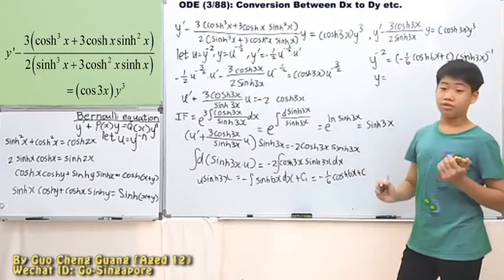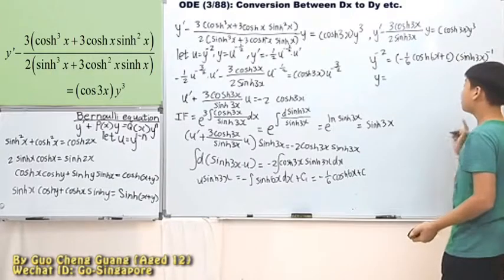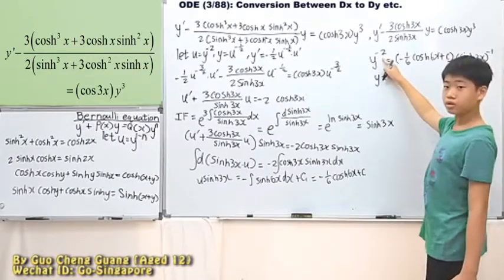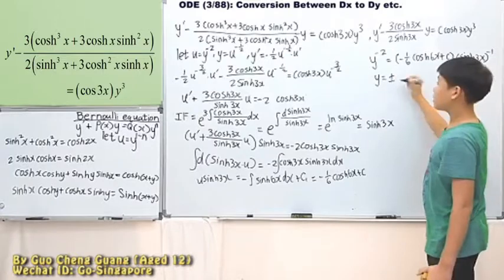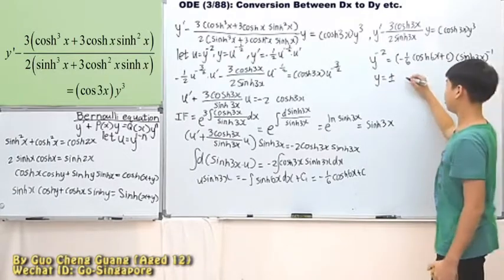Next, you still need to find y. But beware, here is 2. That means you need positive, negative.